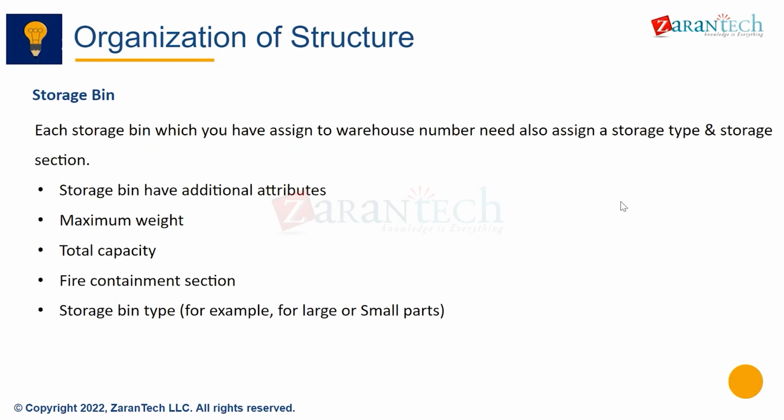And then the storage bin will also have different functionality, like the maximum capacity or maximum weight that it can hold. And with the storage bin type, if you have different kinds of materials which need to be stored in the same storage type, suppose the highest level bins in the rack should be for the larger pallets, and the lower level bins should be for the smallest parts. To differentiate that, you'll have these different storage bin types.